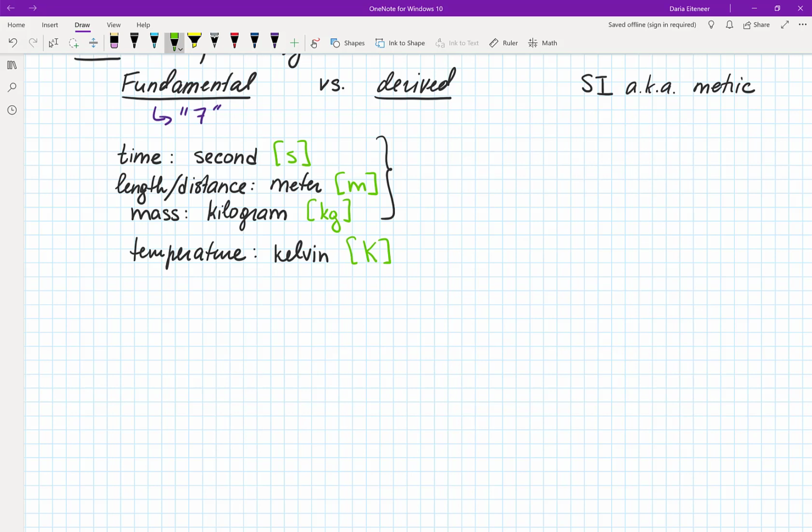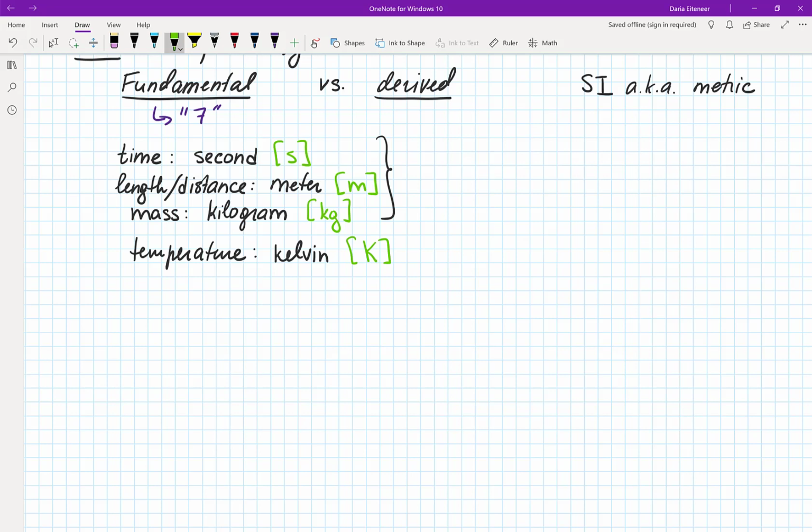Now, notice how the word Kelvin is written with a little k. The unit is named after the person who came up with the way to measure temperature. Lord Kelvin was his name. His name obviously would be capitalized because it's a person's name.